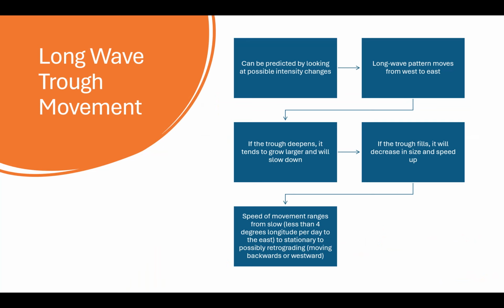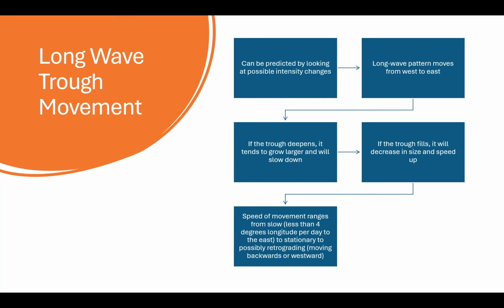Long-wave trough movement now. It can be predicted by looking at possible intensity changes. Long-wave pattern moves from west to east, following the wind flow in the mid latitudes. If the trough deepens, it tends to grow larger and will slow down. If the trough fills, it will decrease in size and speed up.